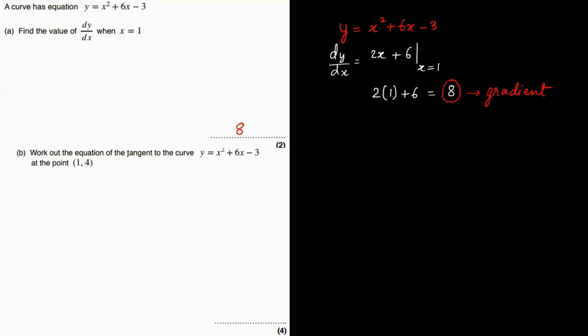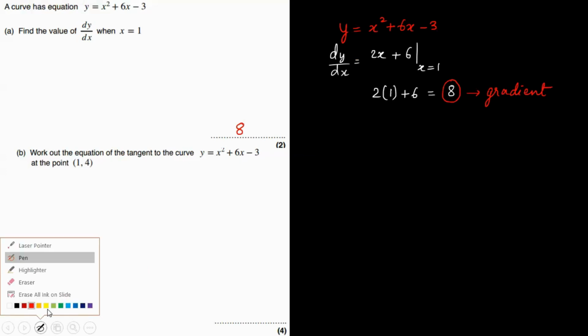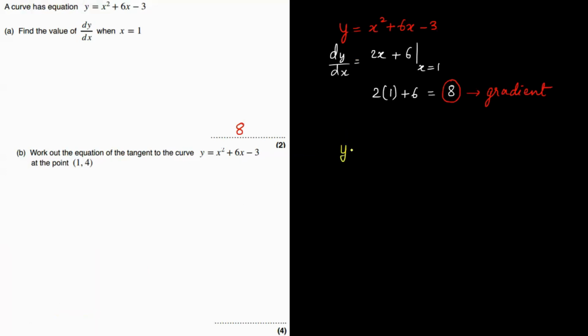The equation of the tangent is a straight line, and we know the general equation of a straight line is y equals mx plus c. So y is equal to m, the gradient, which is 8 at x equals 1, times x plus c.